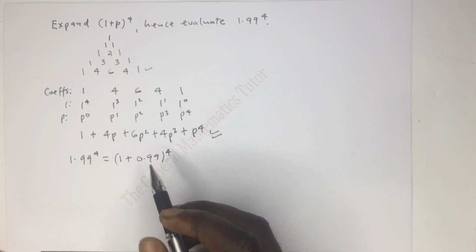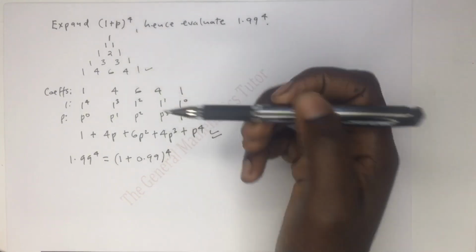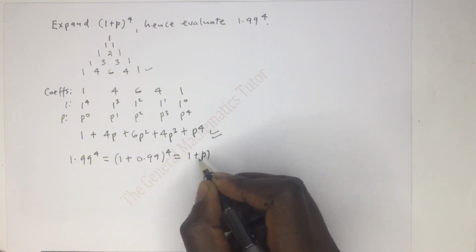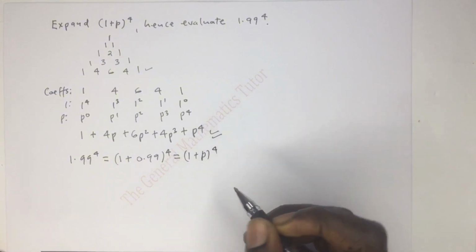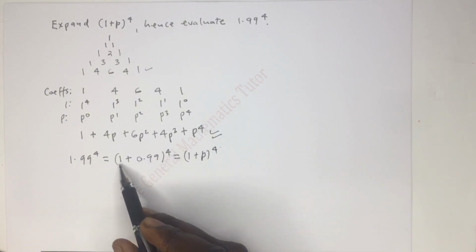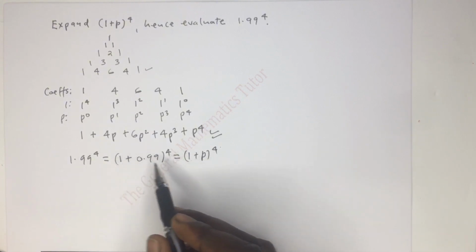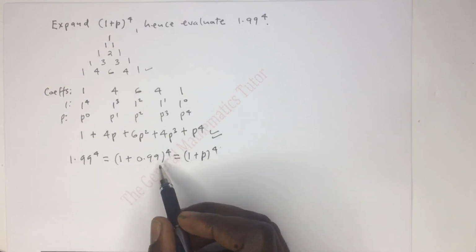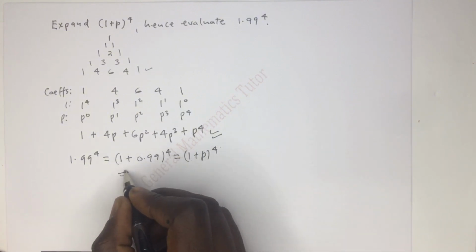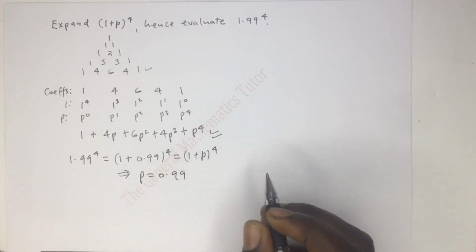If that is the case, we just compare this binomial with the binomial that we have expanded. That is the same as (1 + p) all raised to the power 4. So the powers are the same, and the first term corresponds with the first term, the second term with the second term. So 1 is equal to 1, obviously, and it therefore means that 0.99 is the same as p. So from there we get that p is equal to 0.99 according to this expansion.